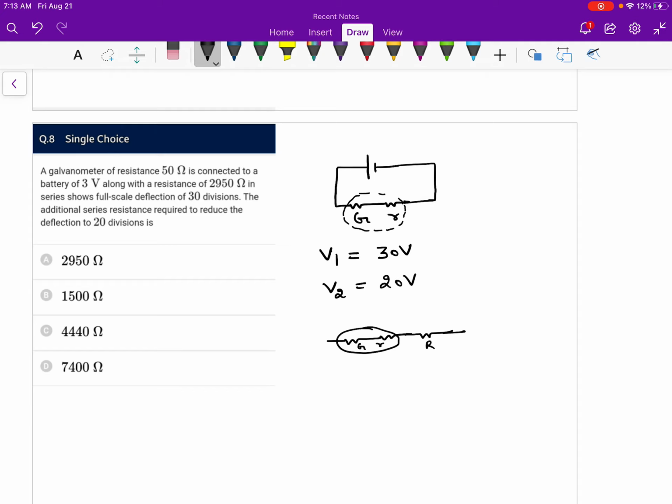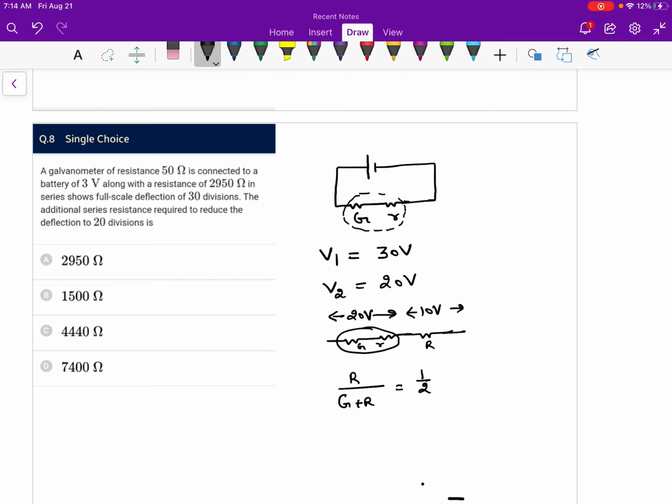So voltage becomes 2/3. So R upon G plus R is 1 by 2. Here voltage is say 20V, so here it will be 10V. So R upon G plus R is 1 by 2.